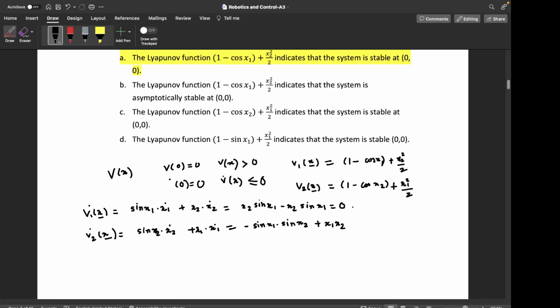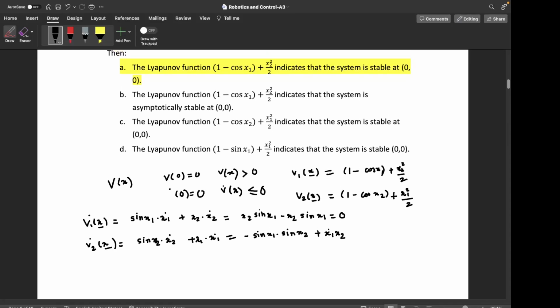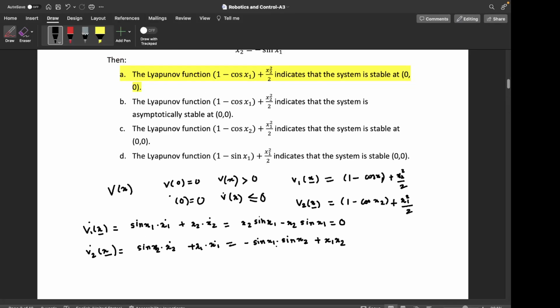Now in the first case, you can see that v1 dot x is identically 0, so this satisfies the stability criteria. It is stable. It is not asymptotically stable, but it is stable. It is always 0. In the second case, sine x1 into sine x2, as you know, is always less than or equal to 1, so this term will be less than or equal to 1, right?